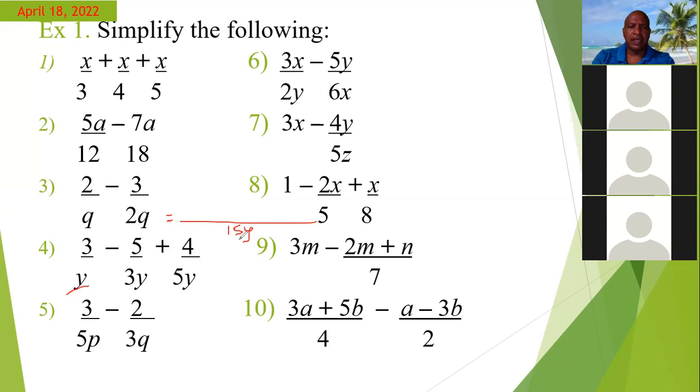If you have Y and you want 15Y, what would you do to the Y to get 15Y? Sorry, the 3 into the 15. All right, so you're saying 3 into 15 goes what? Five times.